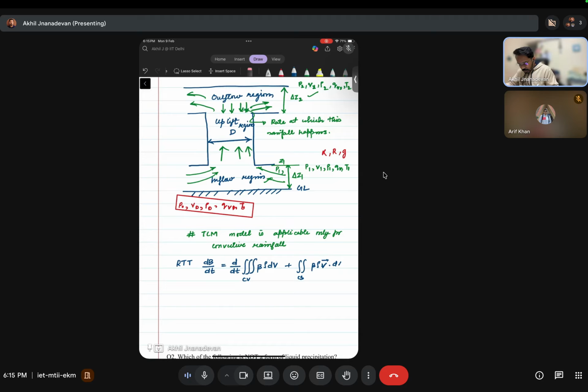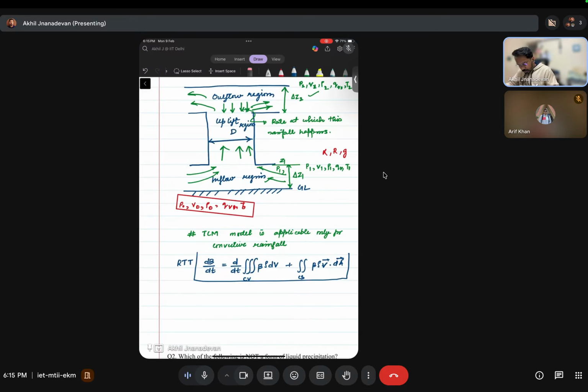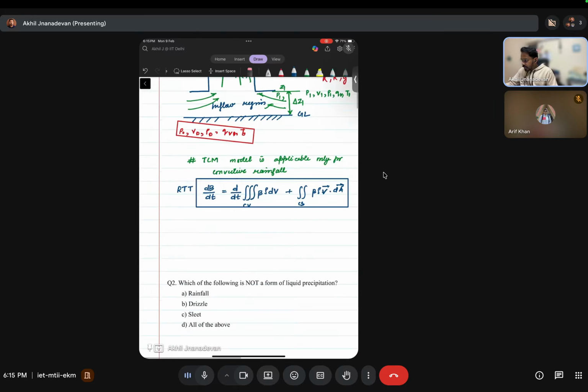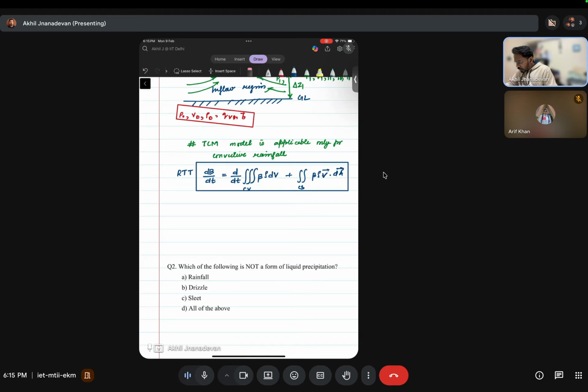This is the RTT that we have already derived, and we have already applied it to the atmospheric column also. For that our beta was q_v, which is nothing but specific humidity, and B was the mass of moisture or mass of water vapor.